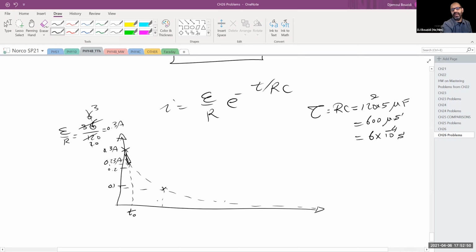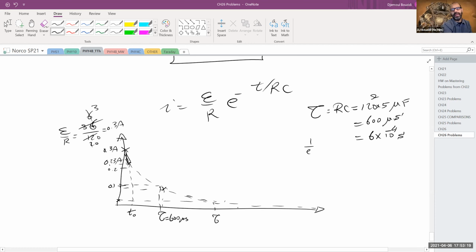Obviously, when T is equal to tau, we drop by 1 over E, 1/3 of this value. We drop almost to this point. So this is tau, actually, which is 600 microseconds. If I went another tau, I'm going to drop by 1 over E squared, or 1/10 of this value, roughly. So this is 2 tau.